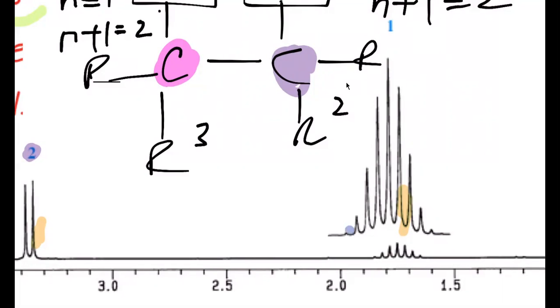You see those 2 little outside shoulders, you've got to count those. So that's 1, 2, 3, 4, 5, 6, 7, 8, 9 lines. You can call it a nonet, but it's probably easier just to call it a multiplet.